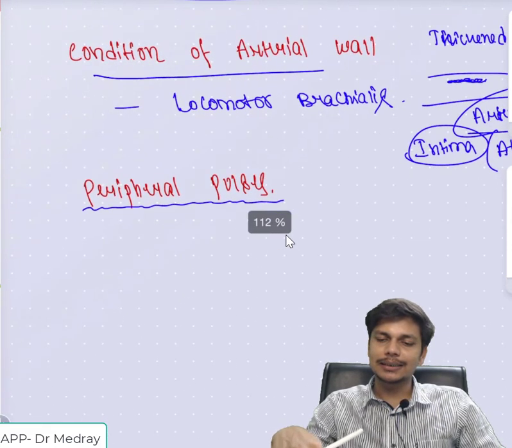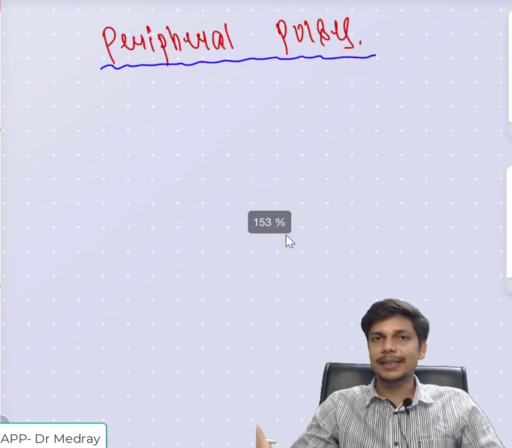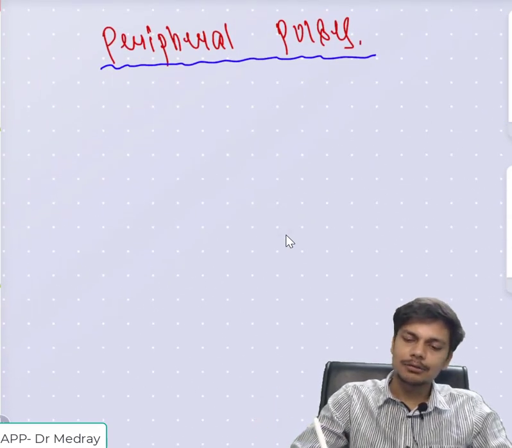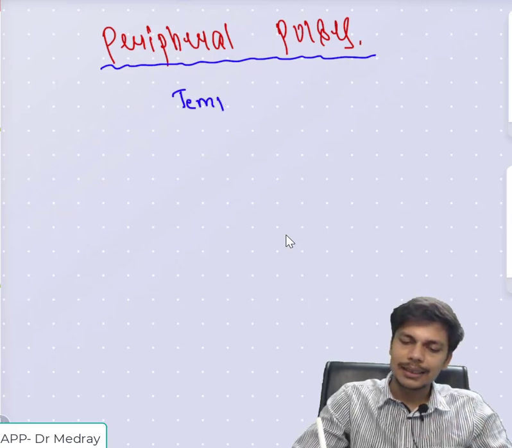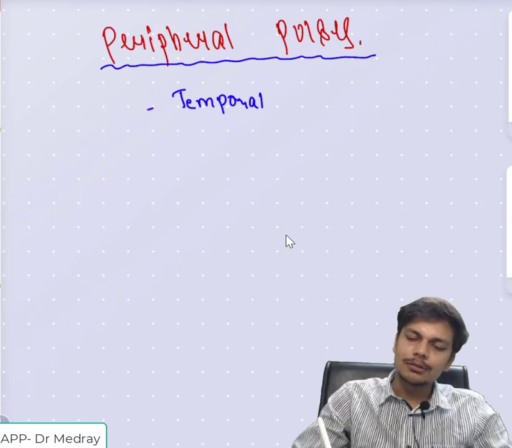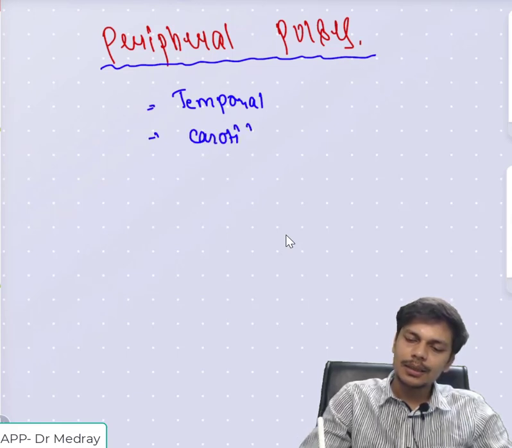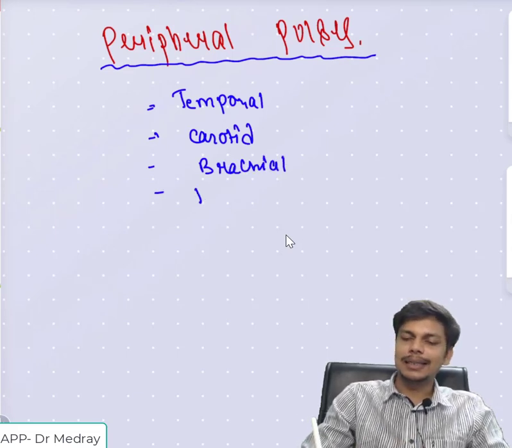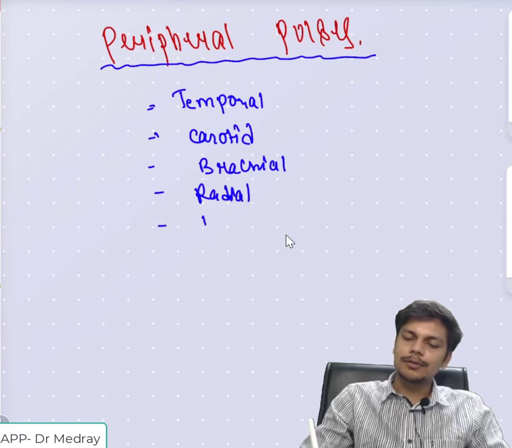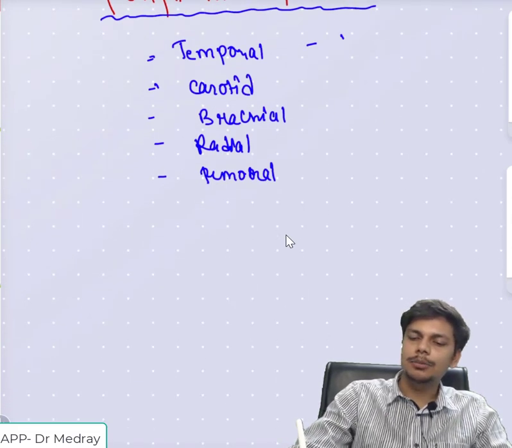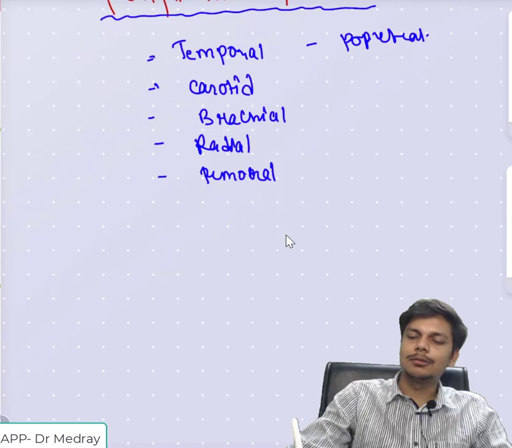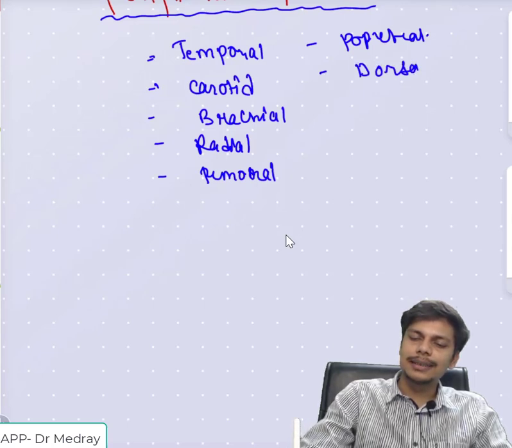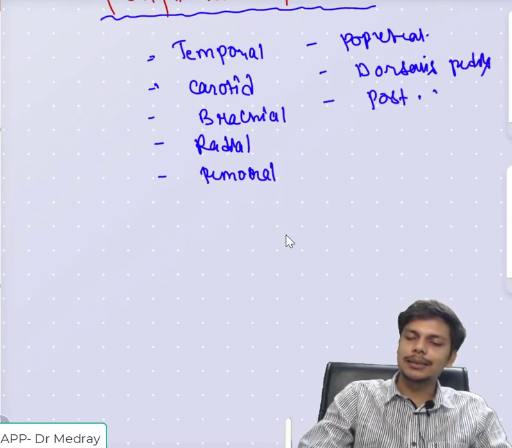Then after looking for the condition of the arterial wall, we look for the peripheral pulses. So what are the peripheral pulses? You can look for the temporal artery, the carotid artery, the brachial artery, the radial artery, and we look for the femoral artery, the popliteal artery, the dorsalis pedis artery, and the posterior tibial artery.